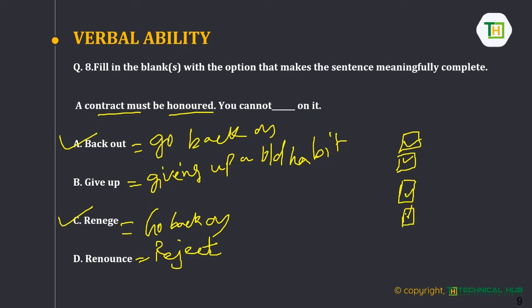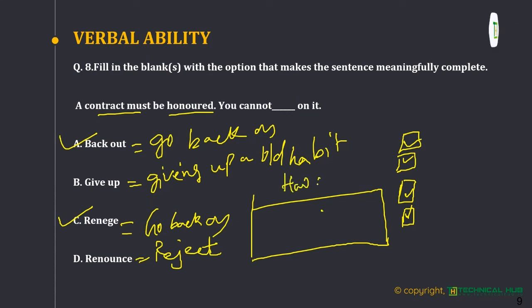Okay. And recently I've seen one question. They gave one paragraph, and they asked how many adverbs are used in this paragraph. So what is an adverb? An adverb is something which describes an action, how it is happening.